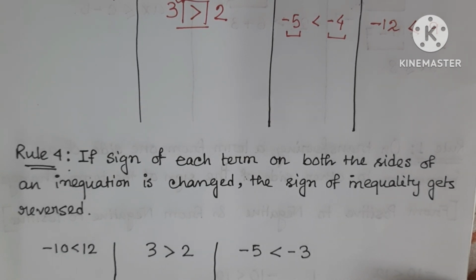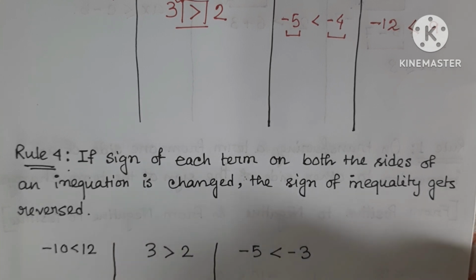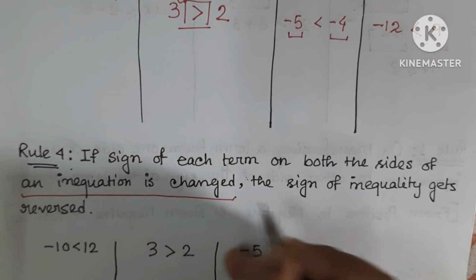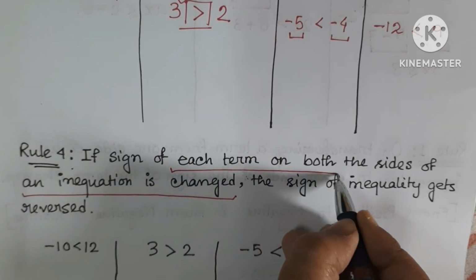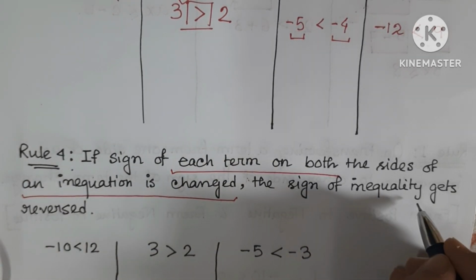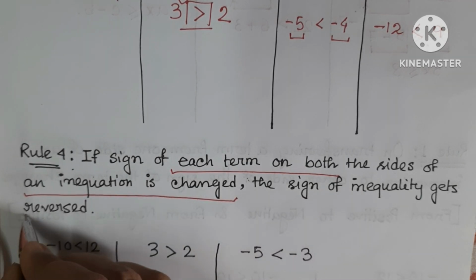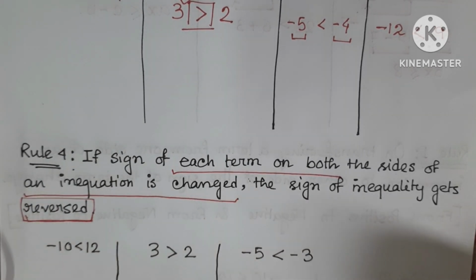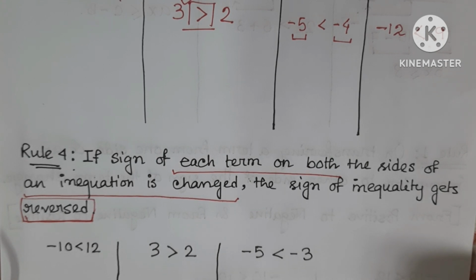If the sign of each term on both sides of an inequation is changed, the sign of inequality gets reversed. Okay, so that is our rule number 4.